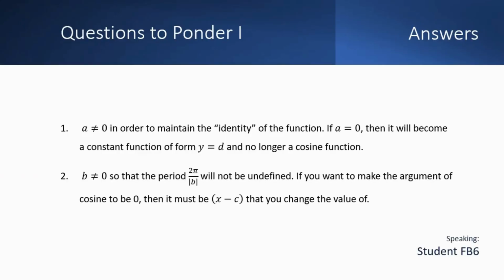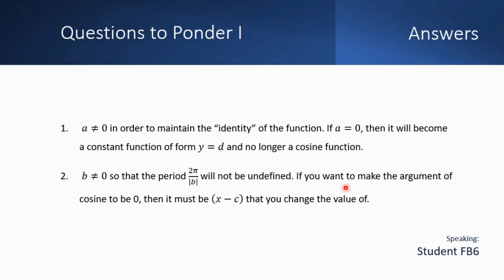a is not equal to 0 in order to maintain the identity of the function. If a is equal to 0, then it will become a constant function of the form y equals d and no longer a cosine function, just like what I've said earlier. Now, b is not equal to 0 so that the period, 2 pi divided by the absolute value of b, will not be undefined.